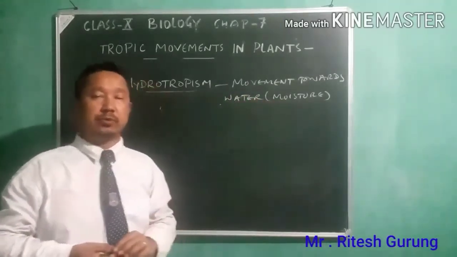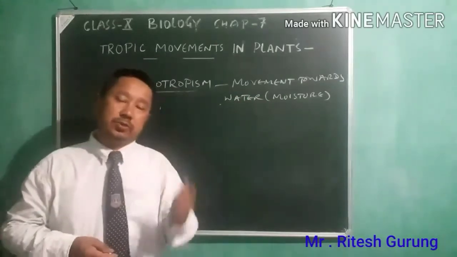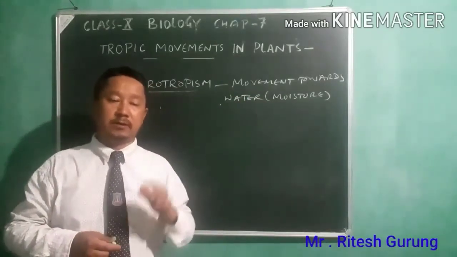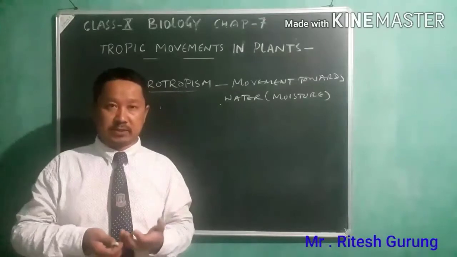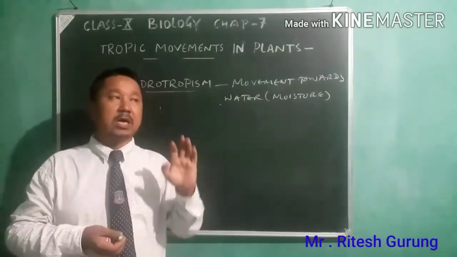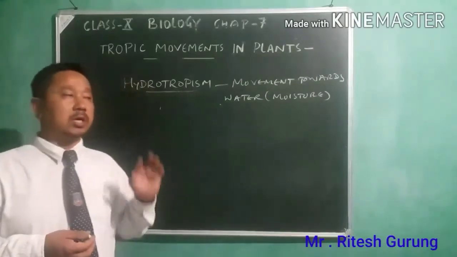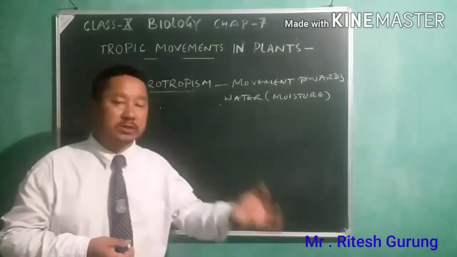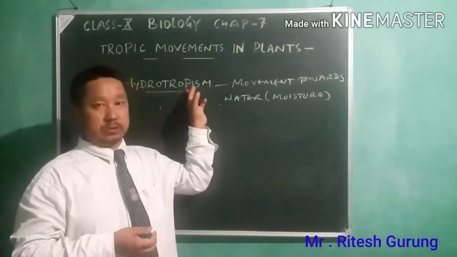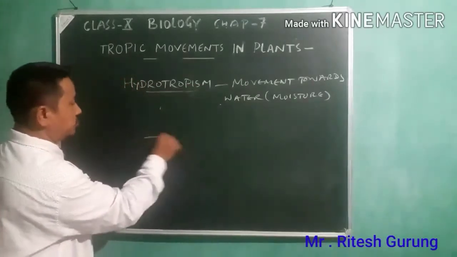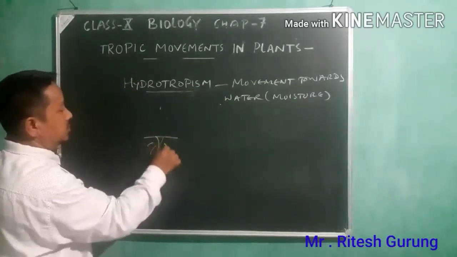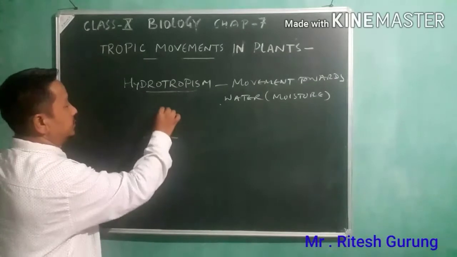Now here in hydrotropism, we find movement towards water or moisture. So here also we find the two regions, the two parts of the plants, that is root system and shoot system. So roots always move towards the source of water. Suppose this is the root and this is the shoot.